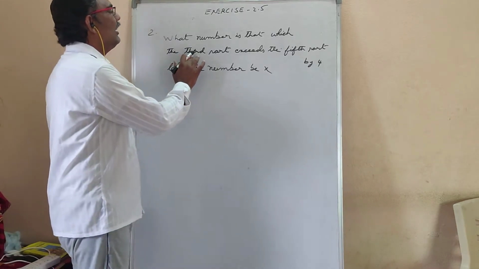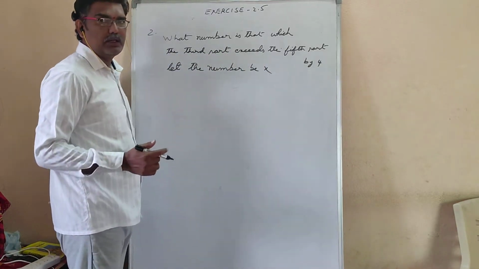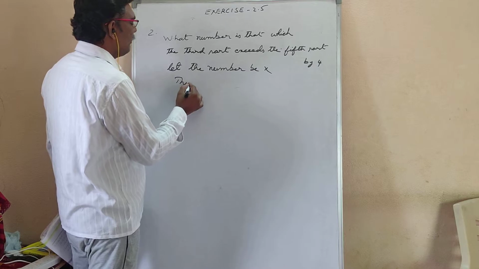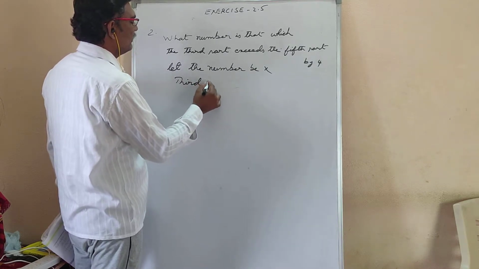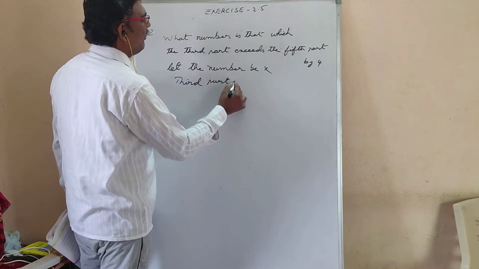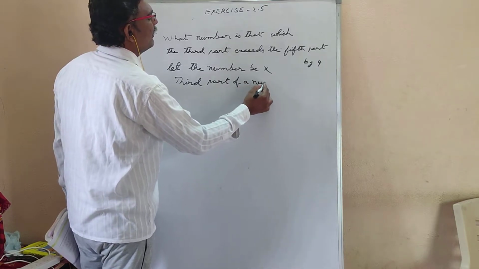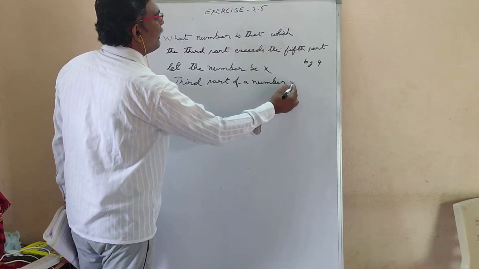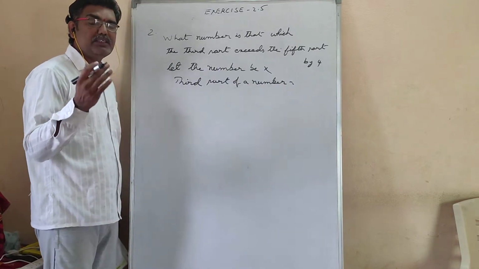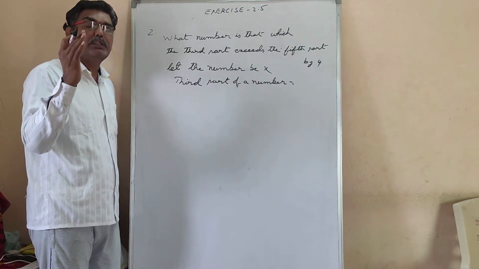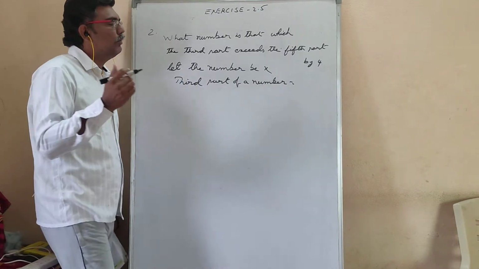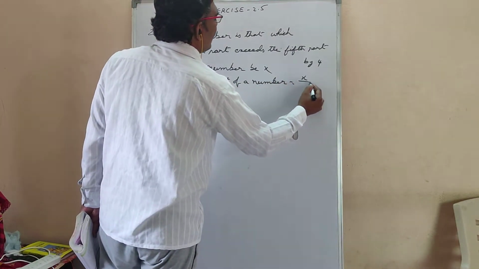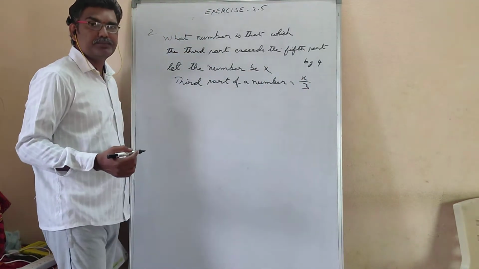Then, third part and fifth part. Third part of a number. The number is x. Third part means that number should be divided into 3 equal parts. So, third part of a number is nothing but x by 3.